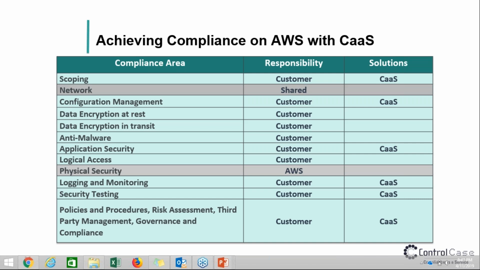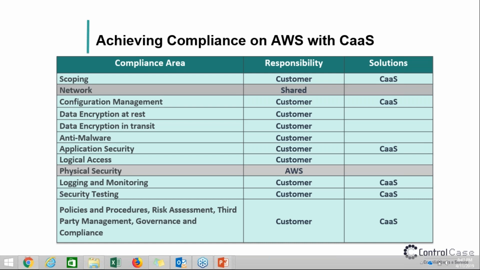As we have seen in the earlier slides, there was a matrix created for identifying the responsibilities in regards to achieving and maintaining compliance on AWS. So, Control Case compliance as a service solution has the capability to assist customers in achieving this compliance for specific areas.